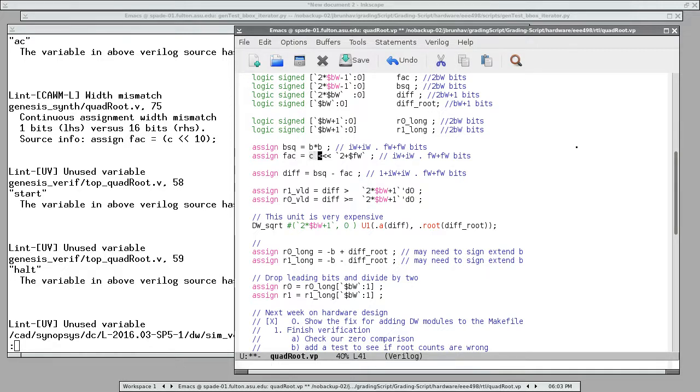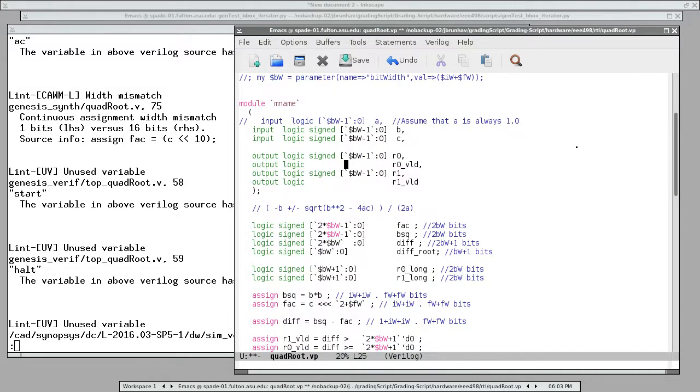We're left shifting C, which is a bit width big thing, by 2 plus FW. As long as 2 plus FW is smaller than bit width, this should be fine, because we've allocated FAC as being 2 bit widths across.